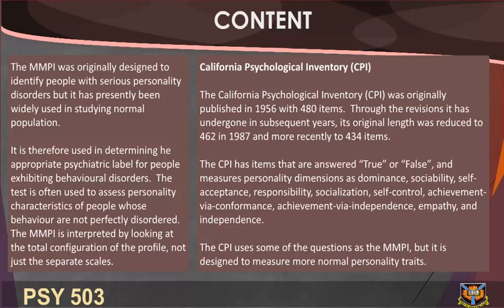The CPI has items that are answered true or false and measures personality dimensions such as dominance, sociability, self-acceptance, responsibility, socialization, self-control, achievement via conformance, achievement via independence, empathy, and independence. The CPI uses some of the same questions as the MMPI, but it is designed to measure more normal personality traits.